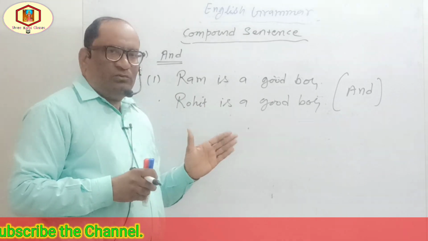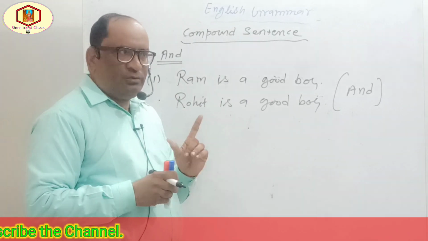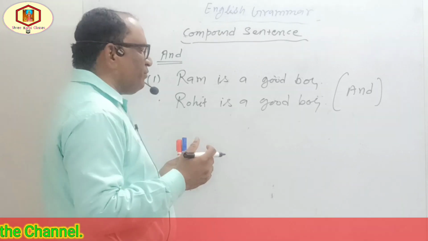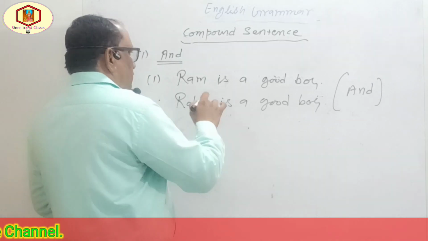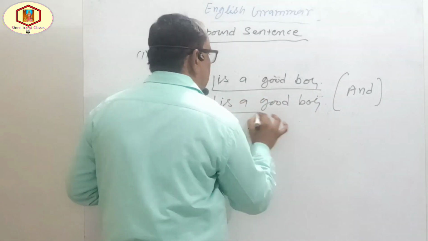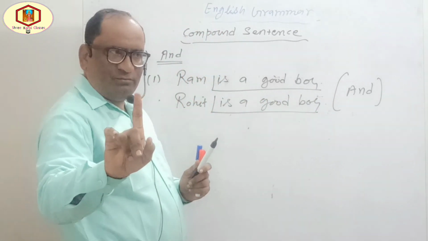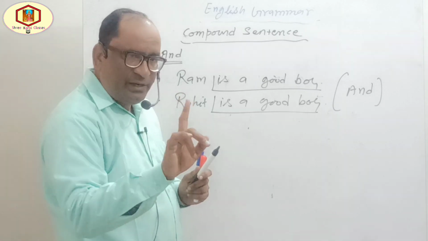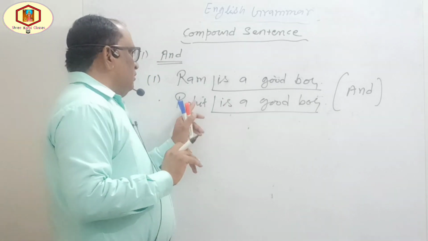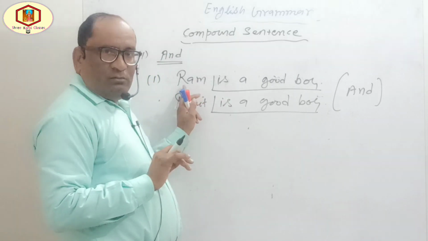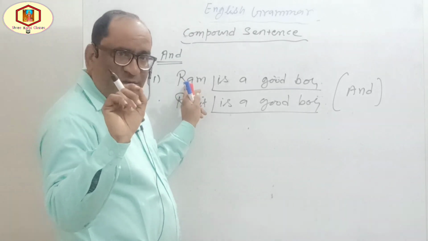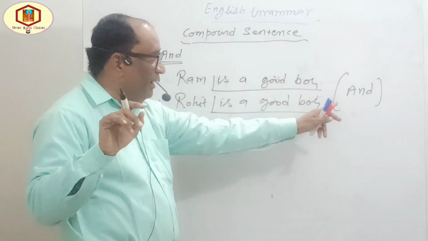Then we talk about the process of joining the sentences. The similar part of the sentences we should write only one time. Between the different parts of the sentences, we use and.